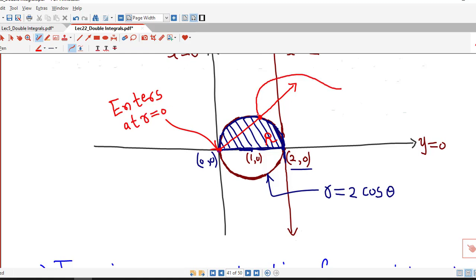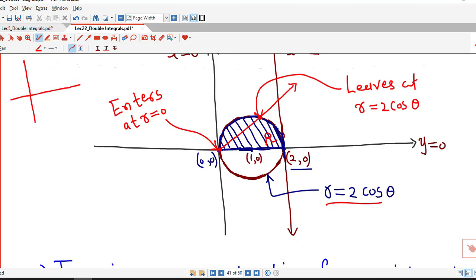This point is on the circle r equal to 2 cos theta, so the upper limit for r is r equal to 2 cos theta. So this ray leaves the region at r equal to 2 cos theta. Now for the limits of theta, we understand that our region of integration is this semicircle.